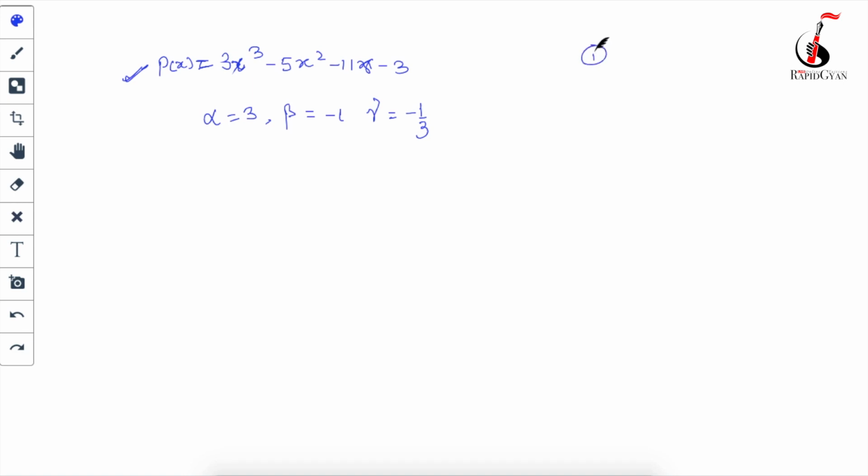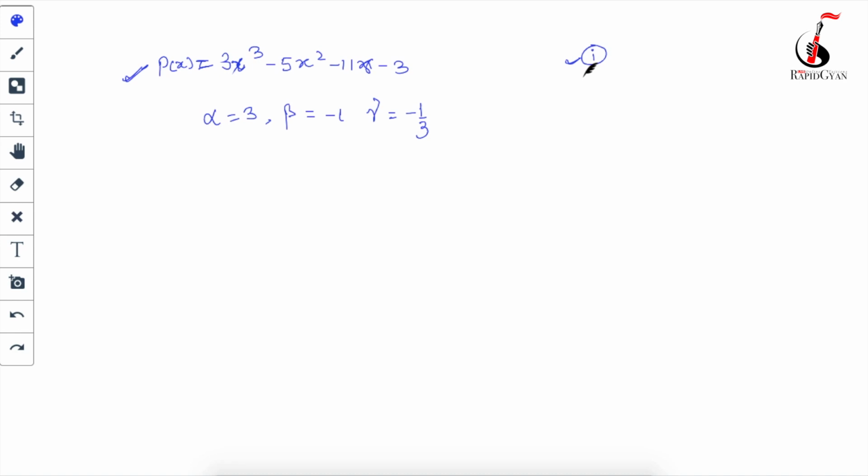If you click on that icon, there is a link to a video where I have explained how to solve a cubic equation, or how to find its zeros. I will also put that link in the description. I recommend that those who don't know how to find the zeros of a cubic equation please go and watch that video. That's very important.